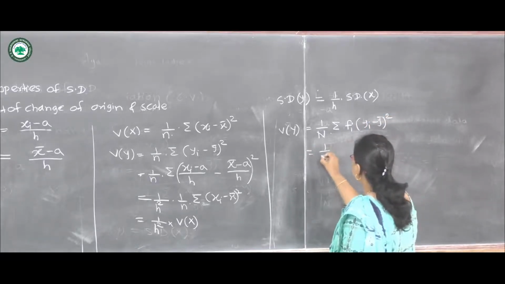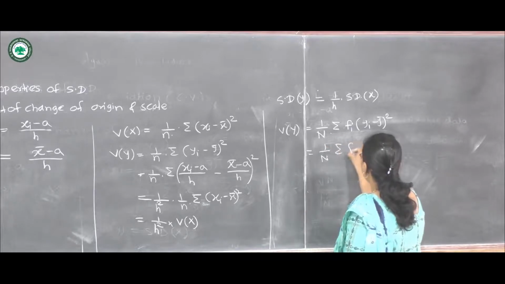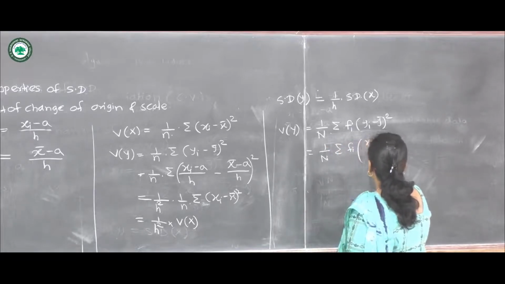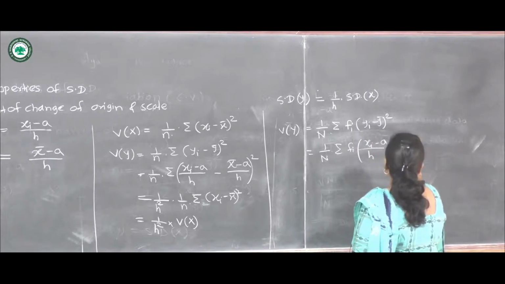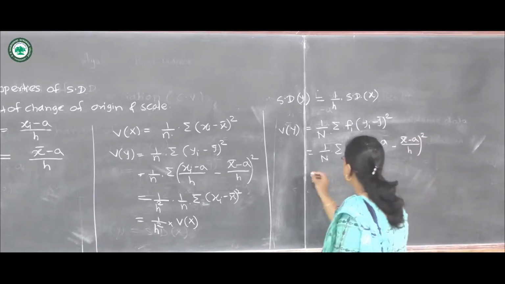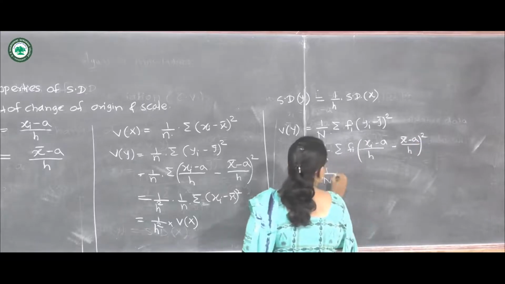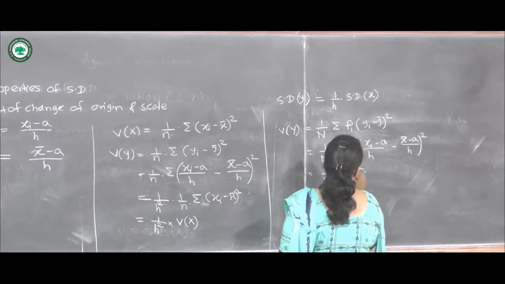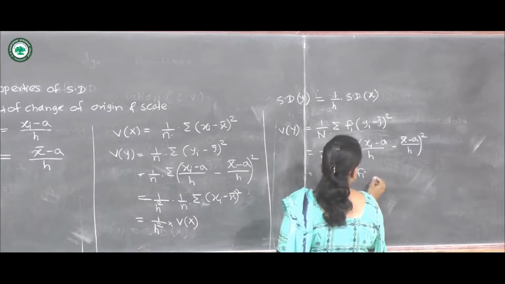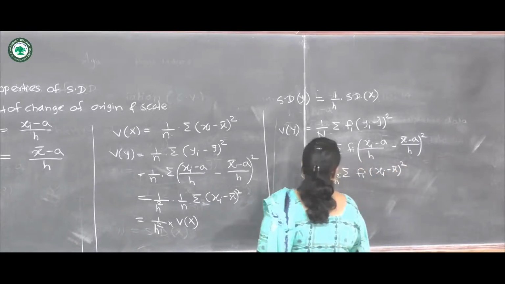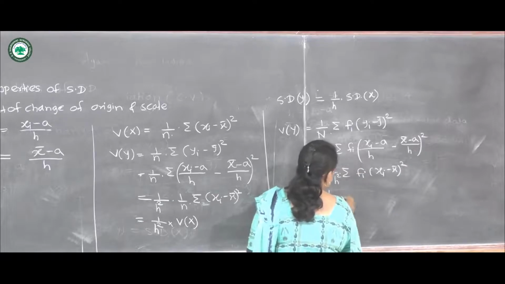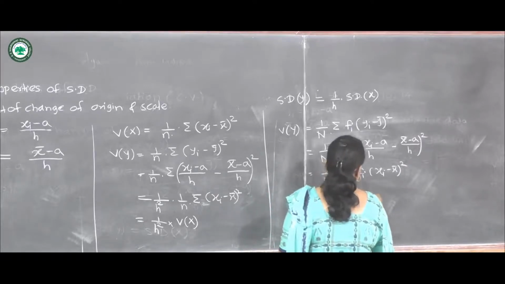So let us substitute yi and y bar: (xi minus a) upon h, (x bar minus a) upon h, whole square. So this will give us summation of fi into (xi minus x bar) whole square, which is 1 upon h square into variance of x.